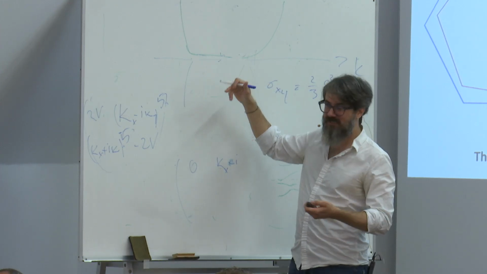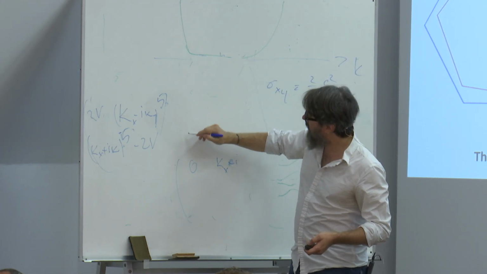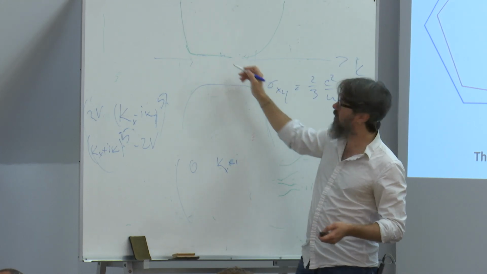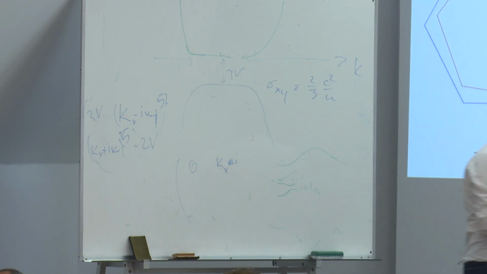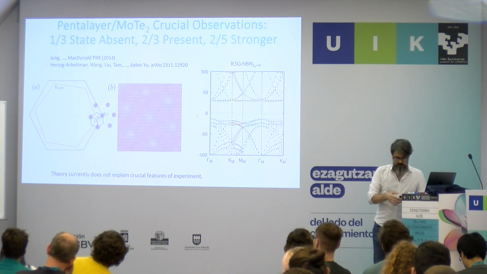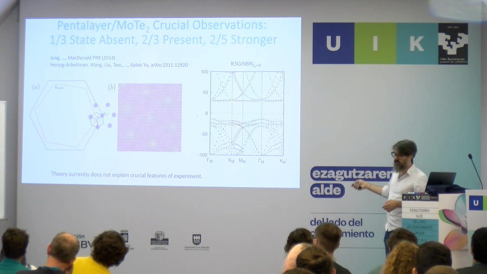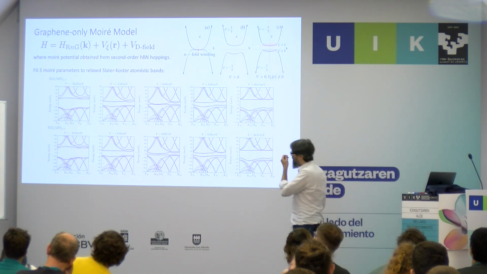But basically, it has very interesting characteristics. Now you add displacement field, it would look like this, with this being 4V. Then you can fold it and it starts looking like this. Here, but not here.